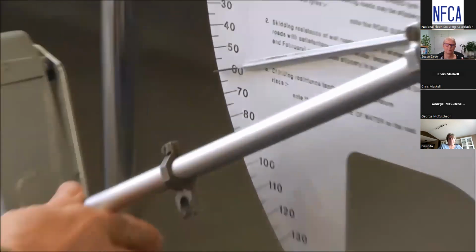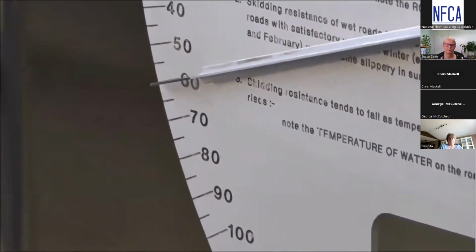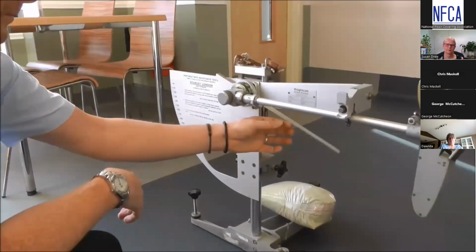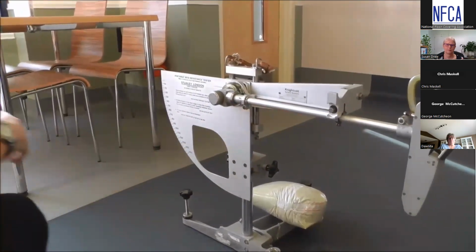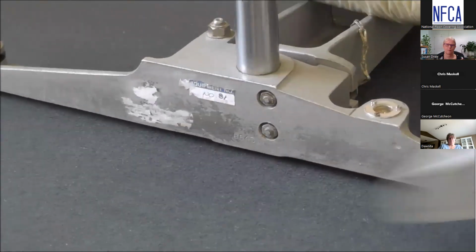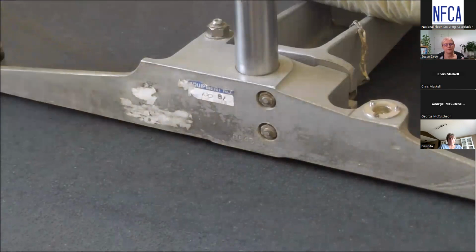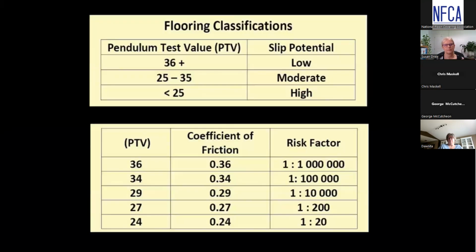As you can see, the pendulum test value on this dry Altro safety flooring is high. The higher the number, the lower the potential for slip. The pendulum test values are classified into high, moderate, and low potentials for slip.